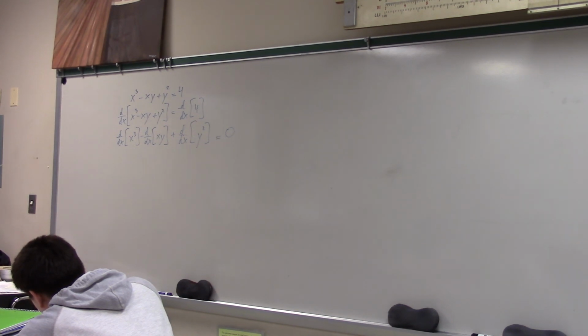So when I differentiate the left side with respect to x, it's really 3 separate problems, right? What's the derivative of x cubed, what's the derivative of xy, and what's the derivative of y squared?